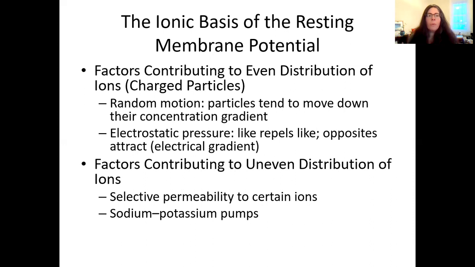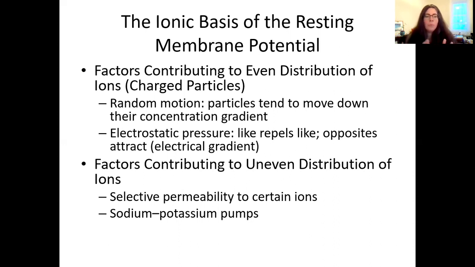Okay, so there are factors, ionic factors, that contribute to the uneven distribution of ions, and ions are charged particles. There are two forces that are working to move ions inside and outside of the cell.